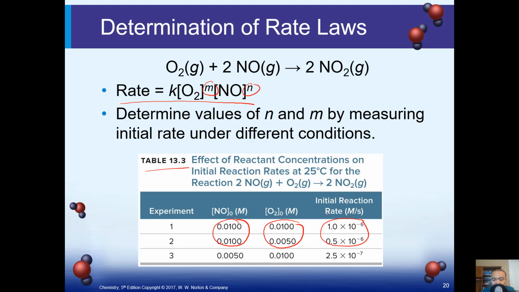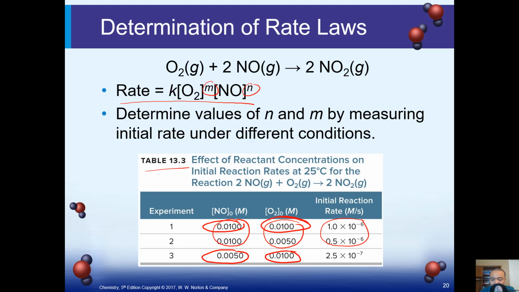Similarly, the initial concentration of O2 stays the same for experiments 1 and 3, and the concentration of NO changes between 1 and 3.